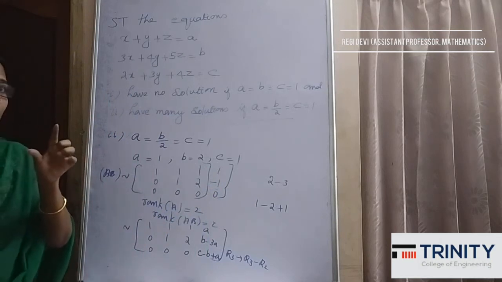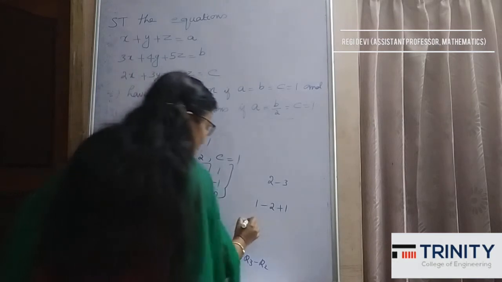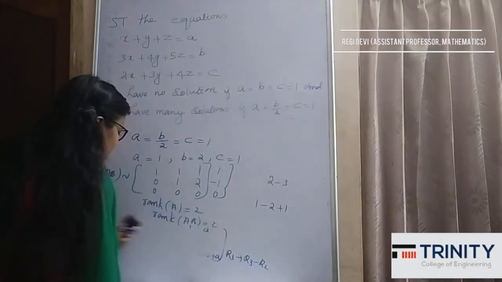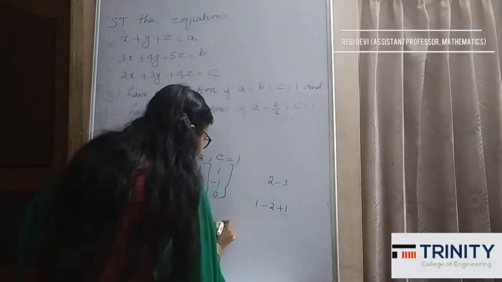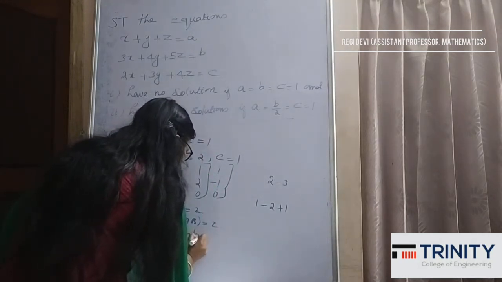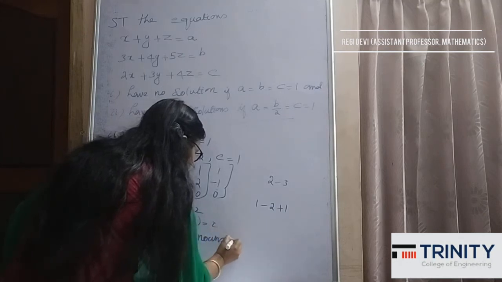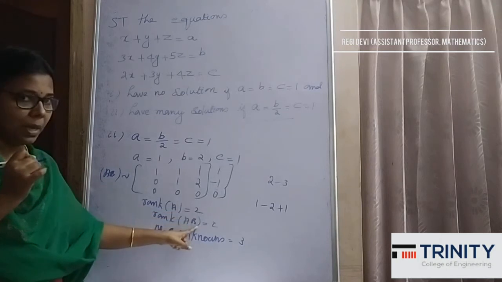But the number of unknowns is 3, that is X, Y and Z. That is, rank of A equal to rank of AB.